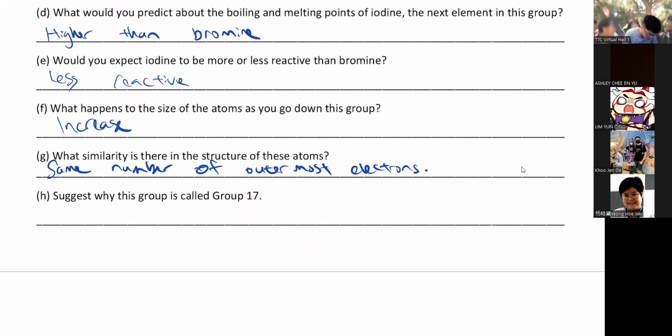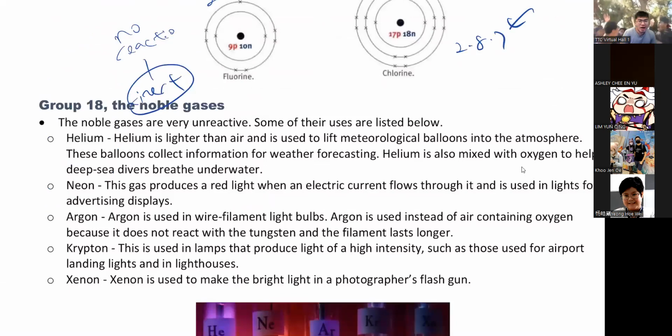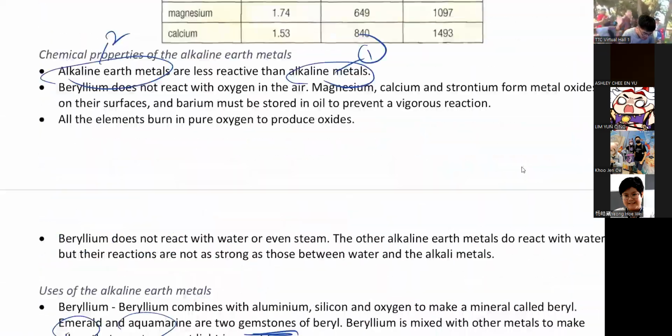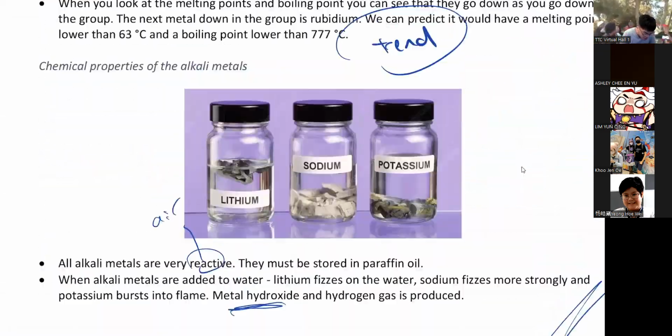Well, actually the same answer: same number of outermost electrons. Like I told you guys, you might say, sir, why is it not group 7? Why is it group 17? Because we skip the middle. I told you this last week.